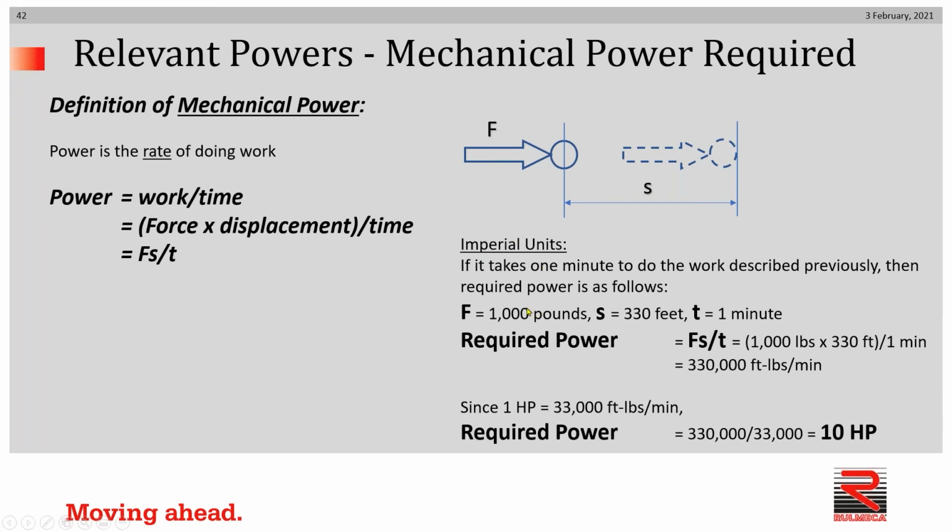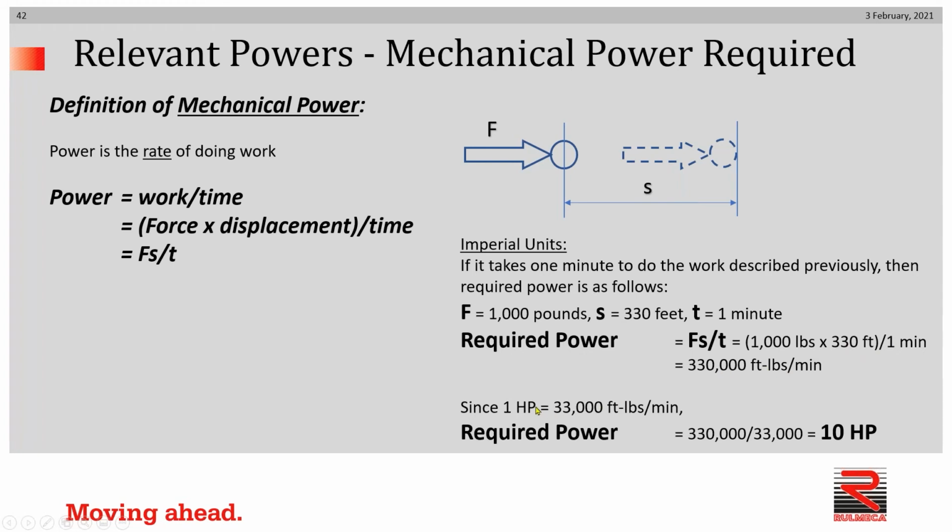If our force is 1,000 pounds, it exerts itself on a point in a straight line manner for 330 feet, and it takes 1 minute to do that, 1 minute to go 330 feet. Required power equals F times S divided by T, 1,000 times 330 divided by 1 minute. Our answer is 330,000 foot-pounds per minute.